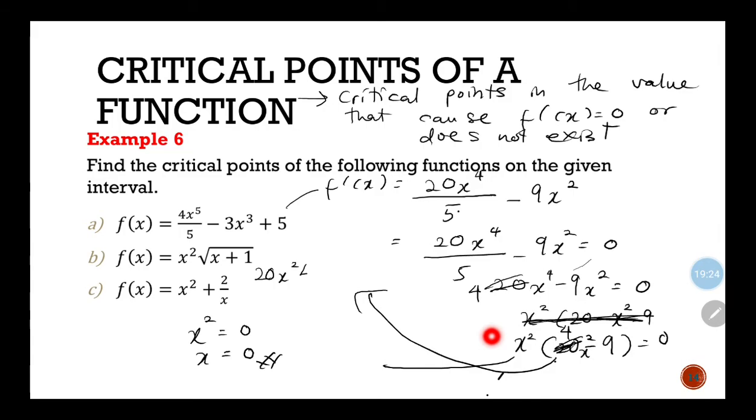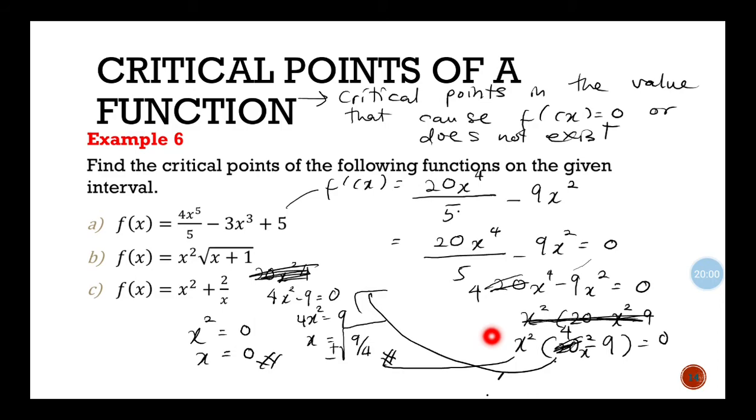So 4x squared minus 9 equal to 0, and x should be plus or minus 3/2, the square root of 9/4.